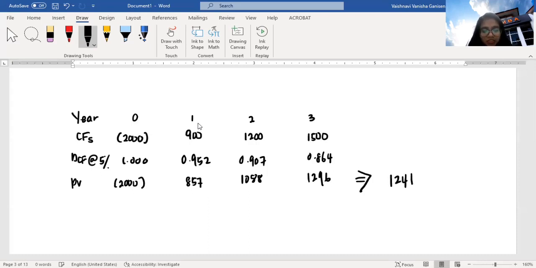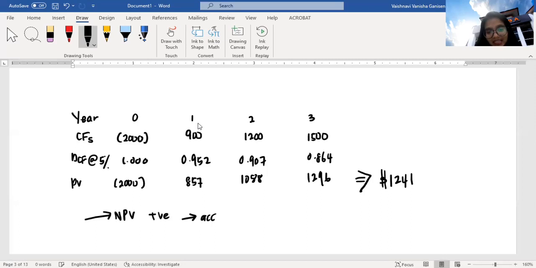Another way to calculate is you just put negative 2000 plus 857 plus 1088 plus 1296. You get a positive 1241.